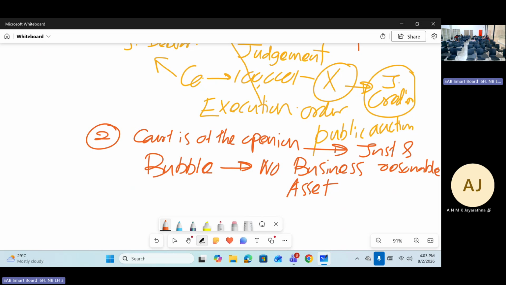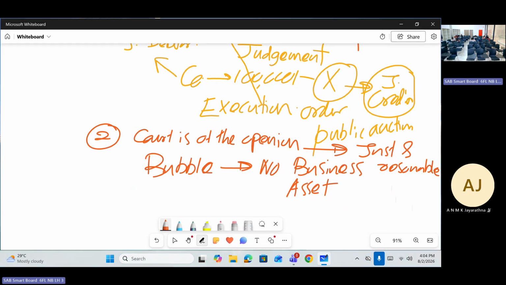There are several reasons, and some other reasons we can also consider. The only thing is, according to the court's opinion, liquidation is just and reasonable. Then they can make an application to court to liquidate the company by court.